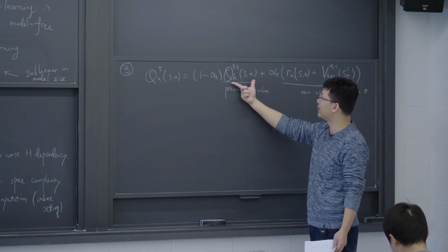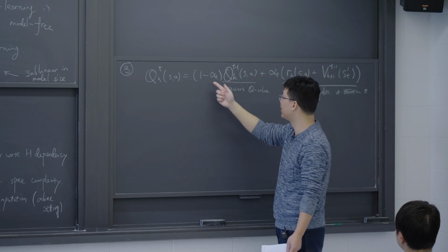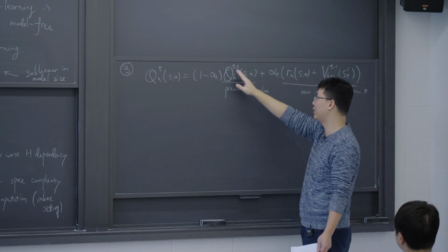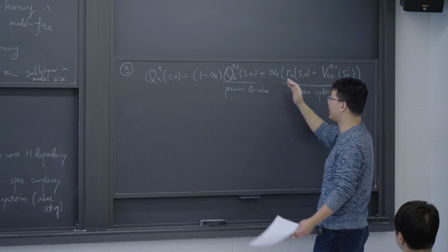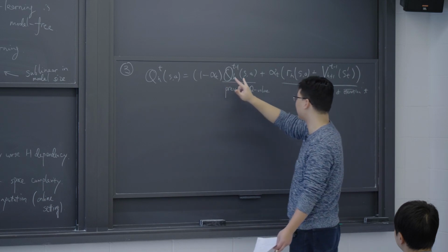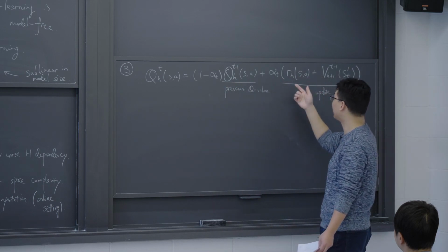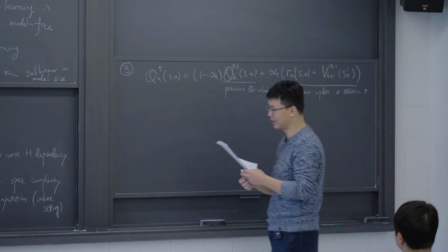This Q value is again equal to 1 minus alpha t minus 1 fraction of Q t minus 2, plus this thing times alpha t minus 1 of the update at the t minus 1 step.